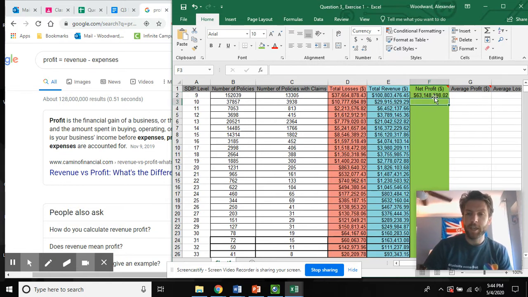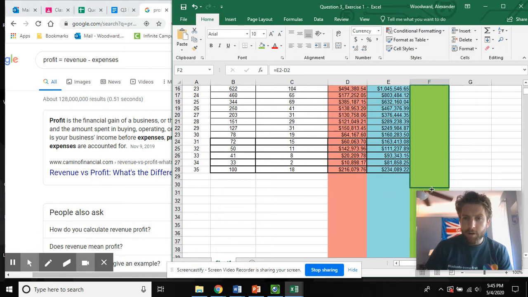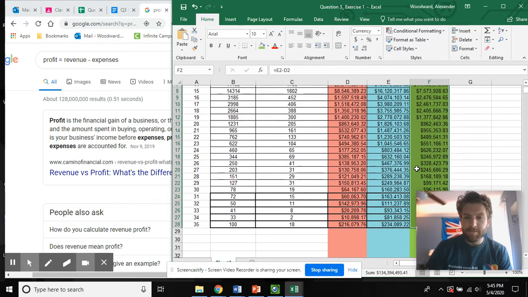Now, pretty cool, right? Now, rather than repeating that process for each of the revenues and losses for all the SDIP levels, all you have to do, since we typed in this function, this formula E2 minus D2, all you have to do now is hit the bottom right hand corner and drag it down for all of the SDIP levels.